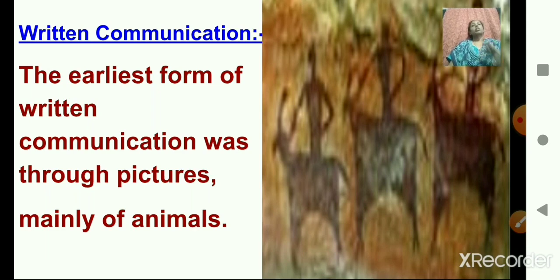So early humans used to express their feelings, their experiences, their day-to-day activities in the form of art. They used to draw it on the walls of the caves, and express their feelings, their ideas, their opinions, and everything in the form of art.